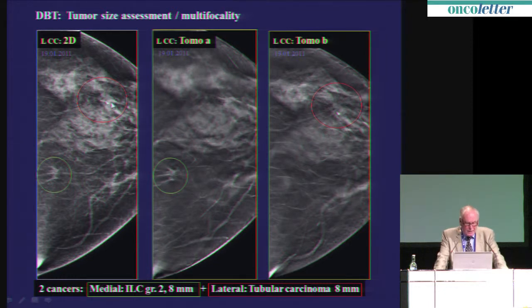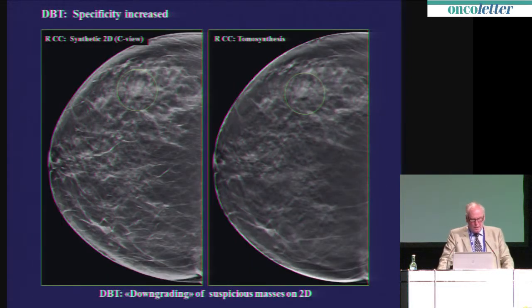Even in retrospect, when you know here is a small spiculated mass, I think you must admit and agree with me that we cannot make a suspicious cancer diagnosis on the conventional 2D. This is, of course, in another plane as the cancer medial. So for tumor assessment, measurement of size and multifocality, DBT is superior to conventional digital mammography.